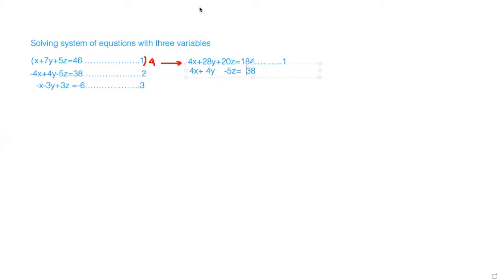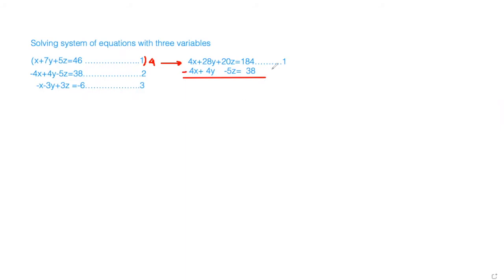So if we add the two equations together, then it will look like this. Sorry, I forgot to put a negative before 4. It's a minus 4x plus 4y minus 5z.